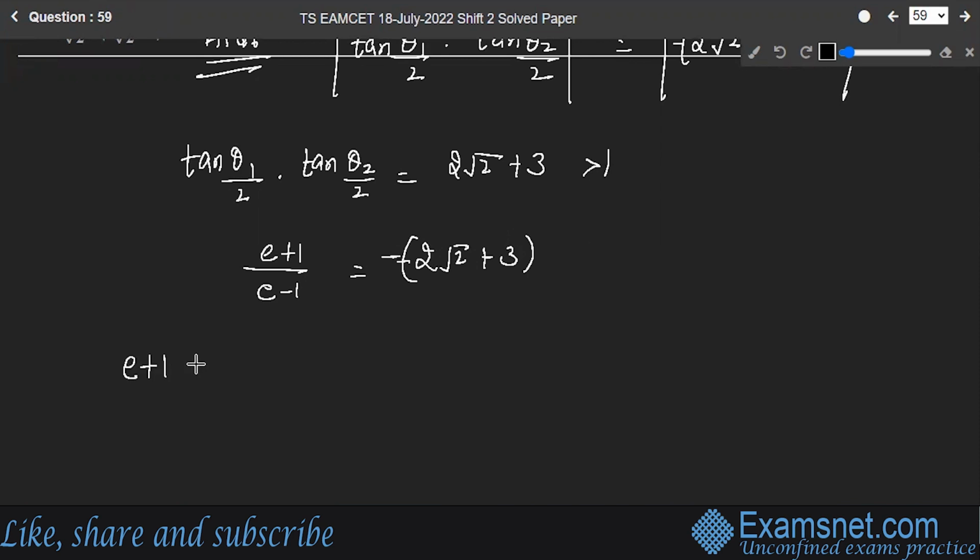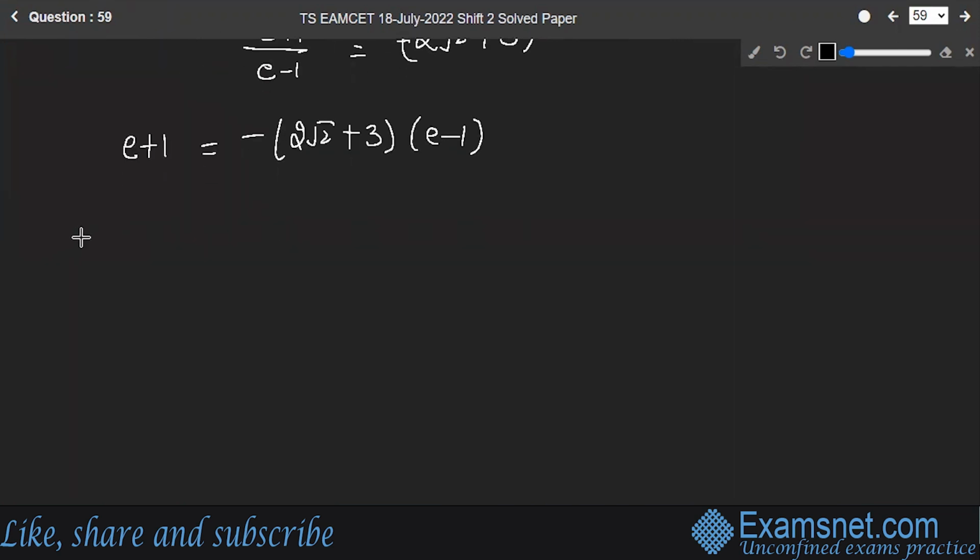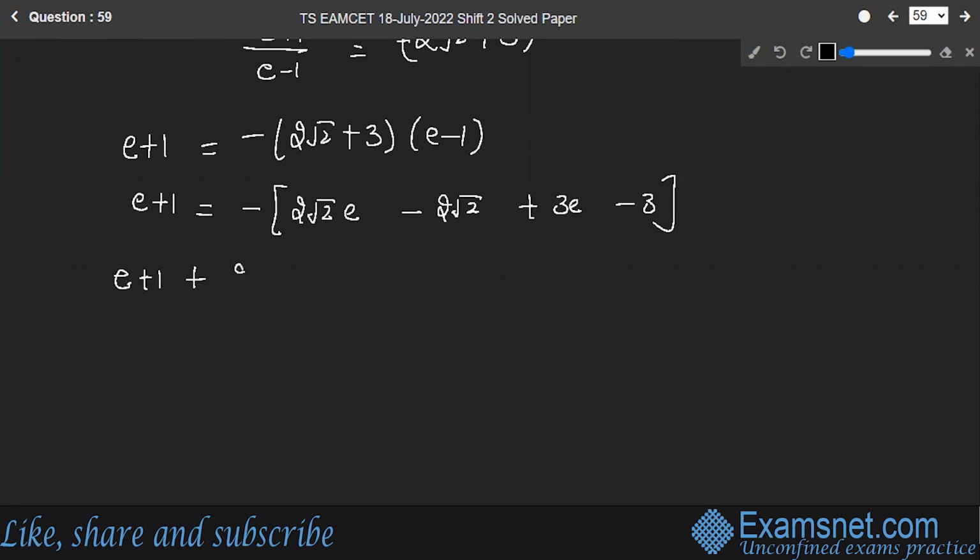You will have e+1 is equal to (2√2+3)(e−1). This will give you e+1 is equal to 2√2e − 2√2 + 3e − 3. Now let's collect e terms.